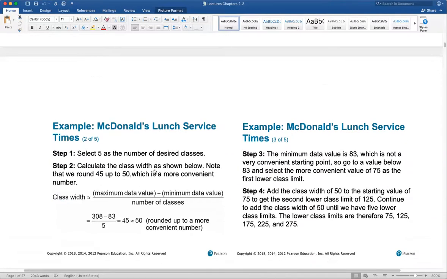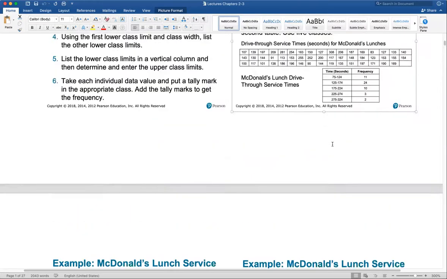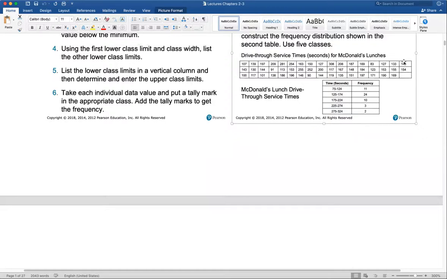Then calculate the class width as shown below. The class width is going to be the maximum data value minus the minimum. So we find the maximum data value in the data table right here, which is 308, right?